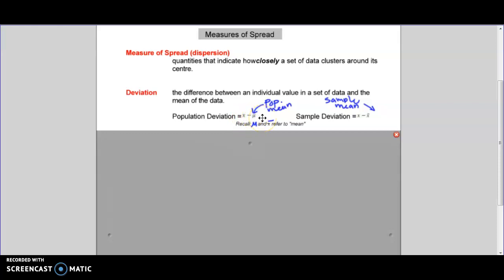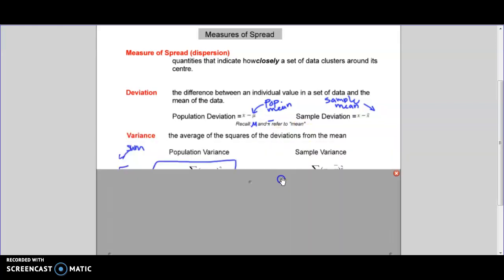That tells me the deviation for your mark is 3. If your mark was 70 and the average was 80, you would do 70 minus 80. The calculation will give us negative 10. That will tell me that you are 10 away from the mean, and the negative tells me that you're 10 below the mean.